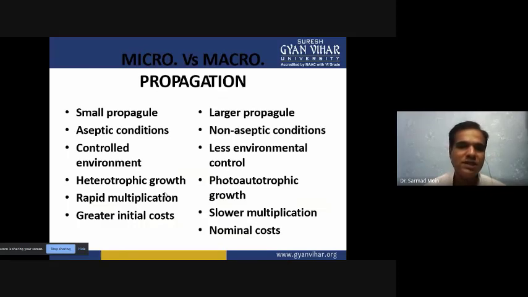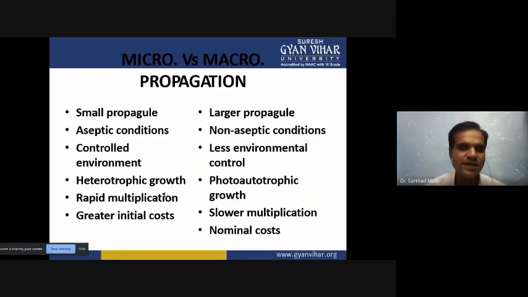Photoautotrophic growth occurs in macropropagation, so the plant portion we are growing can propagate through autotrophic conditions, and we don't need to provide very complex media. Just basic media can be provided in macropropagation.